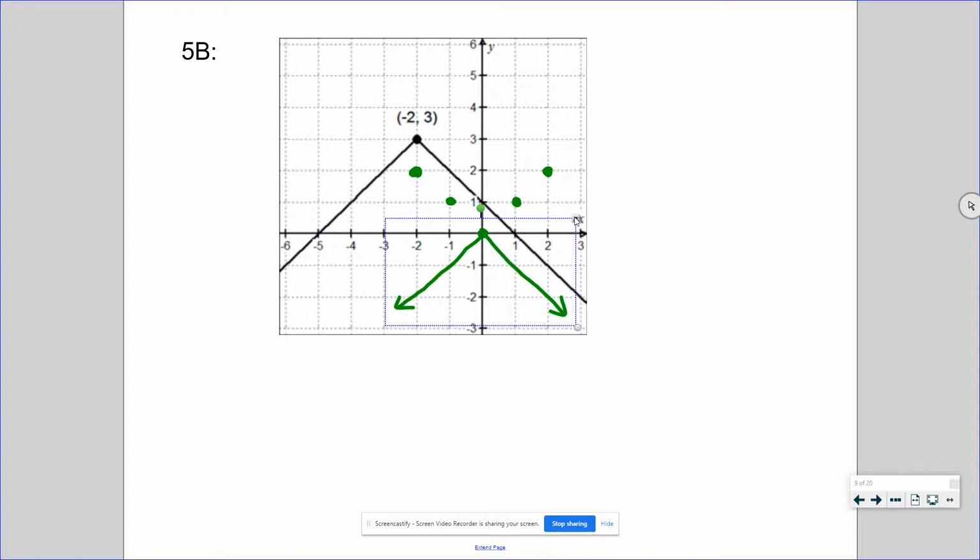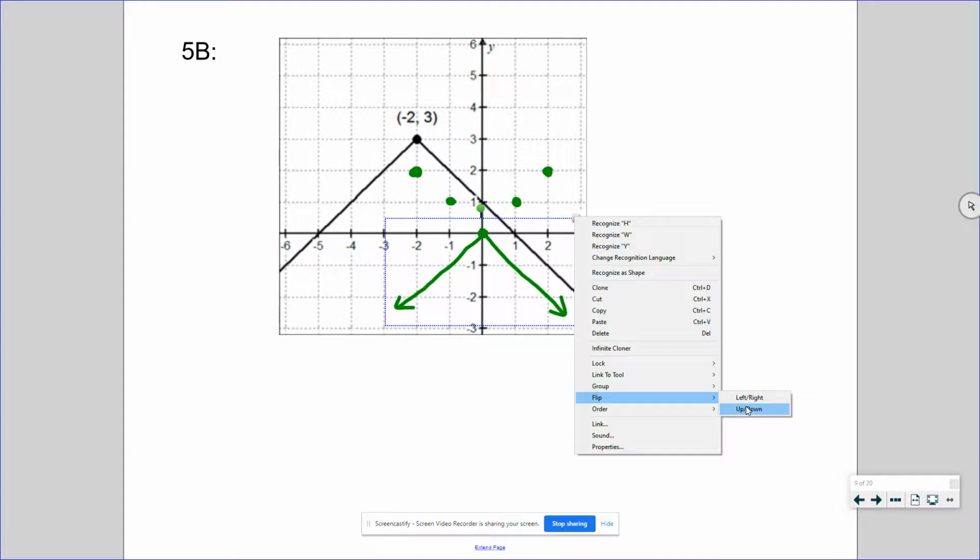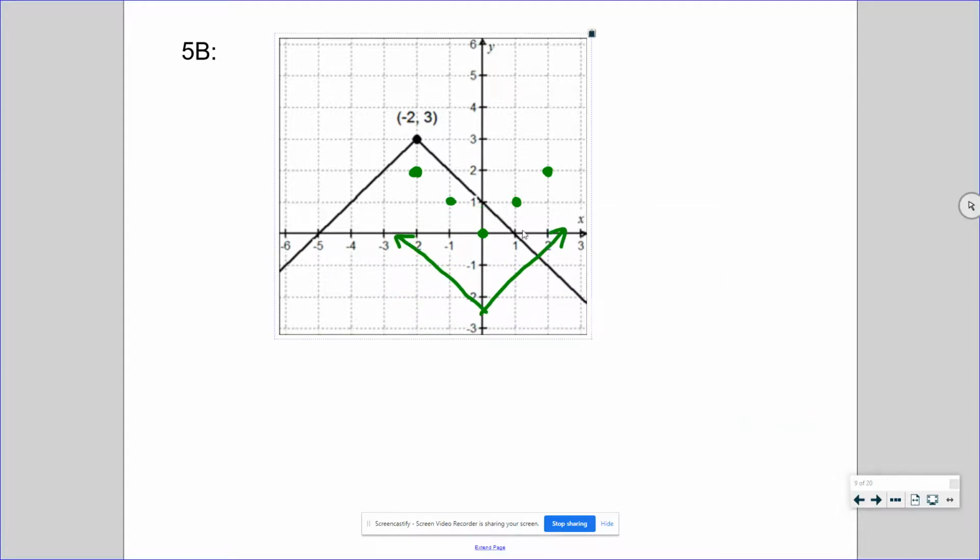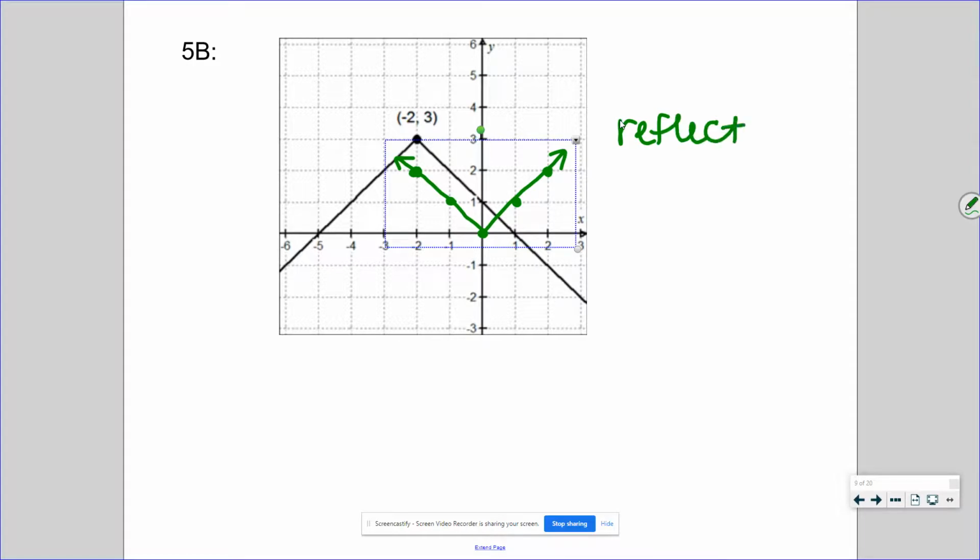Okay, so let me go back. I need to say reflect, and then left 2, up 3. All right, so we have to come up with an equation that shows all these things.